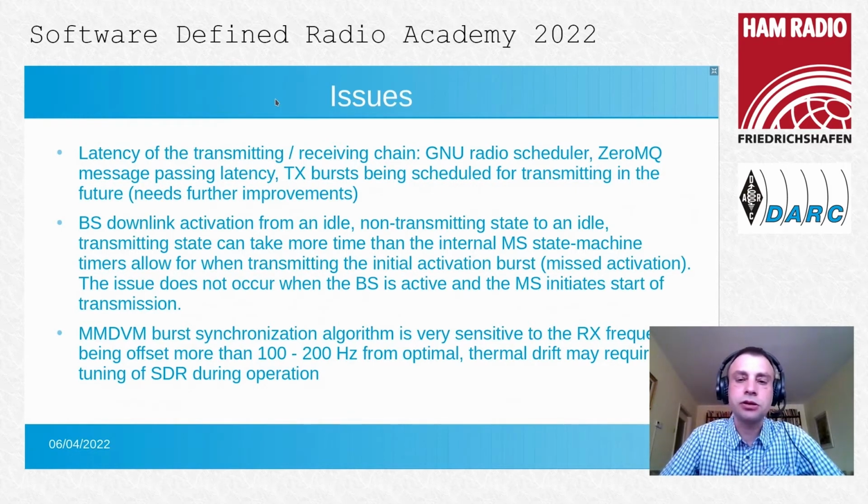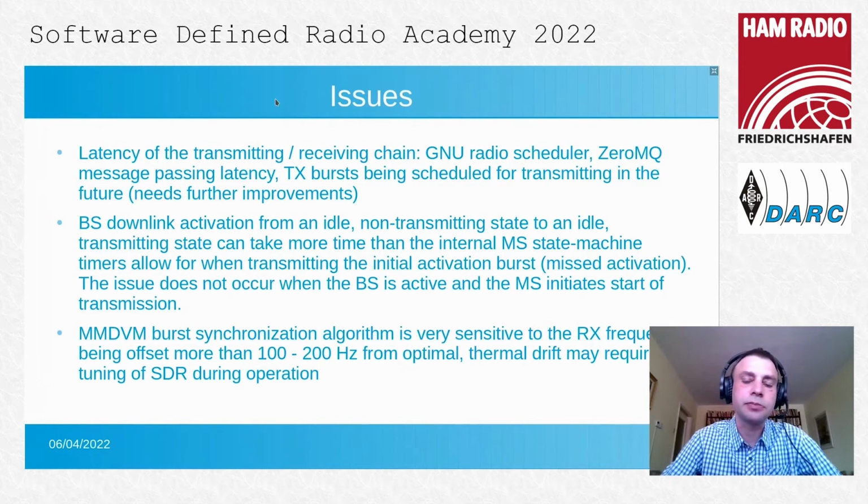The GNU Radio scheduler and the 0MQ message passing mechanism add latency, because there are multiple buffers involved and there is message passing between the MMDVM application and the QRadioLink application. There is also a minimum latency which occurs because we have to schedule the transmit bursts for transmission in the future.